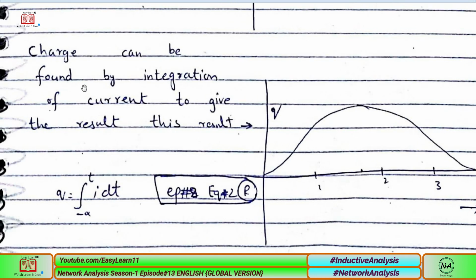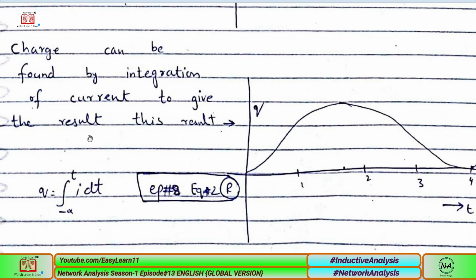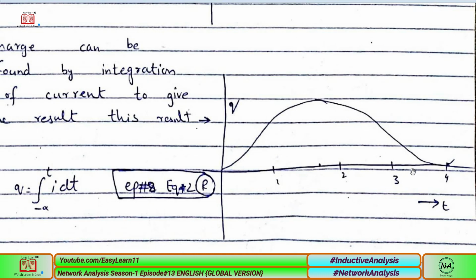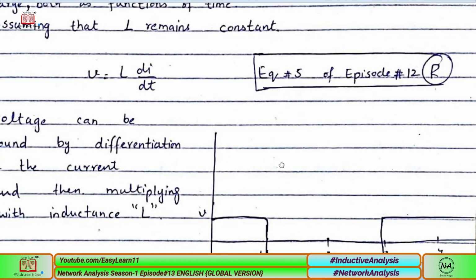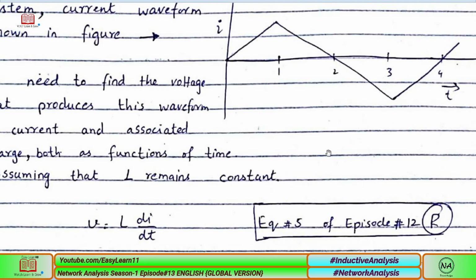Charge can be found by integration of the current. This result is a graph that is calculated if we have a current, like here, and there are fixed values.